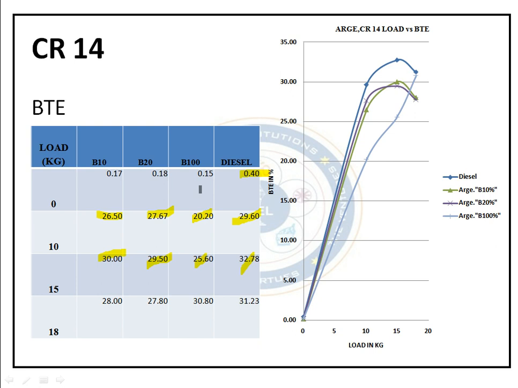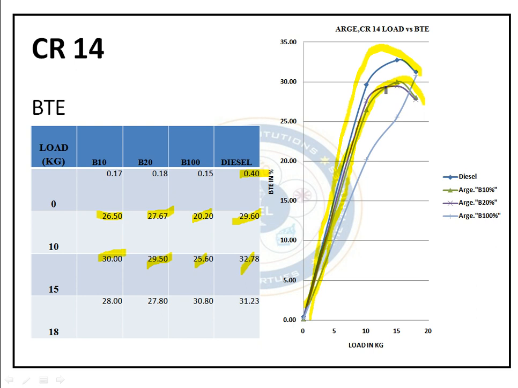It is clearly seen from the graph that diesel gives the highest performance. This blue line. Side by side we have the green line, that is B10. Then B20.